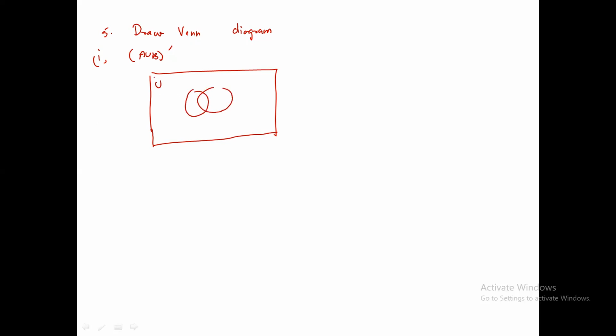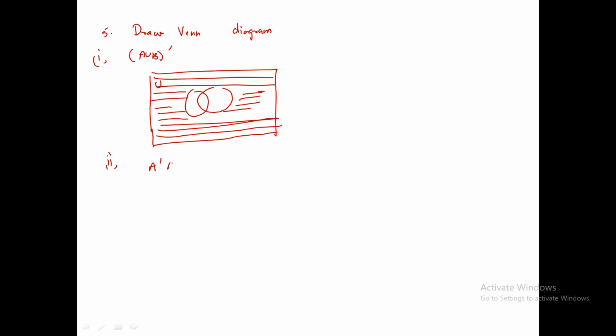A union B whole dash means don't shade A union B. Except A union B, you can take all.